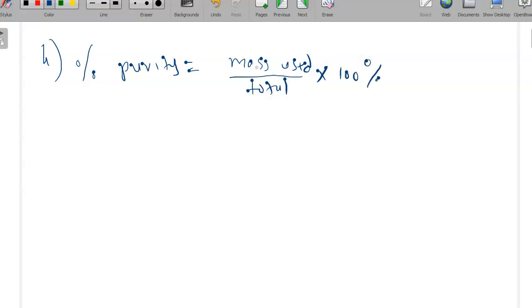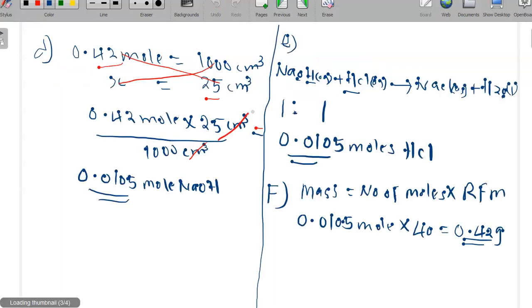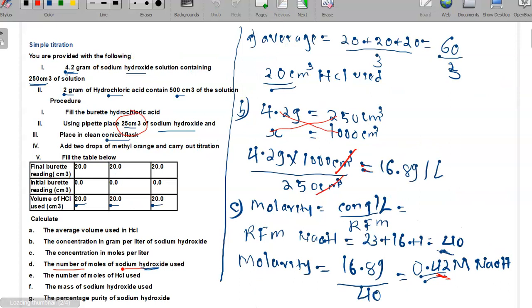You use this formula. Mass used is how much? If I go to the previous page, mass used is this mass, 0.42. Then if I go back, the total mass of sodium hydroxide is 4.2.